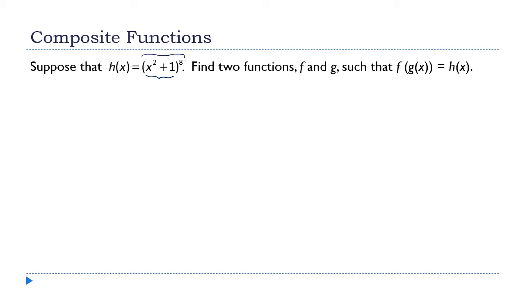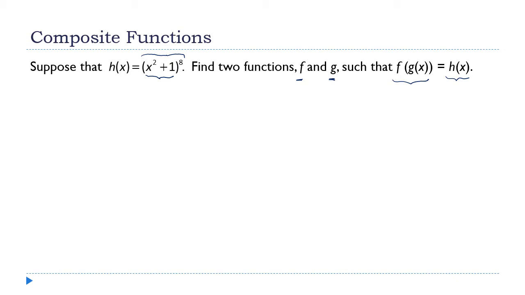So my question here is I want to find two new functions, f and g, such that when I take the composition of those two functions, I get my original function h. And the goal here, kind of have this in the back of your mind, is I'm really looking to find an f and g where f and g are both differentiable, where I can actually find f prime and g prime. If I do that, I'm going to be home free for finding h prime.